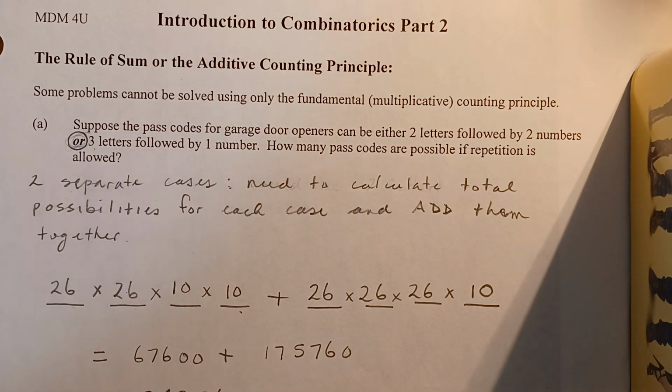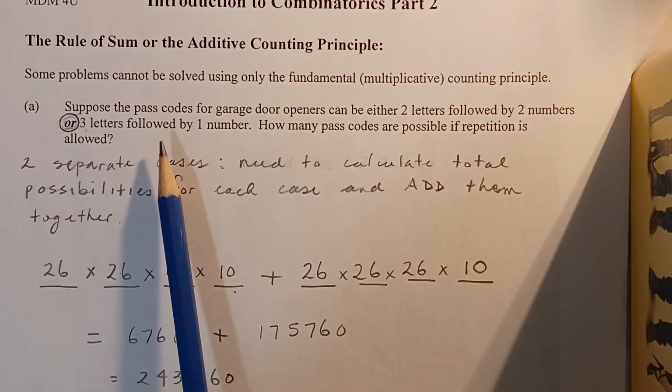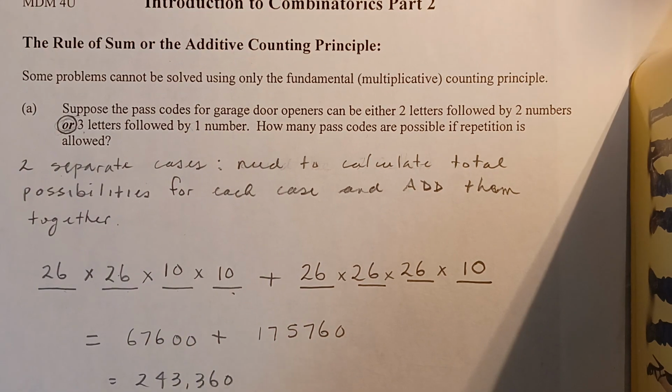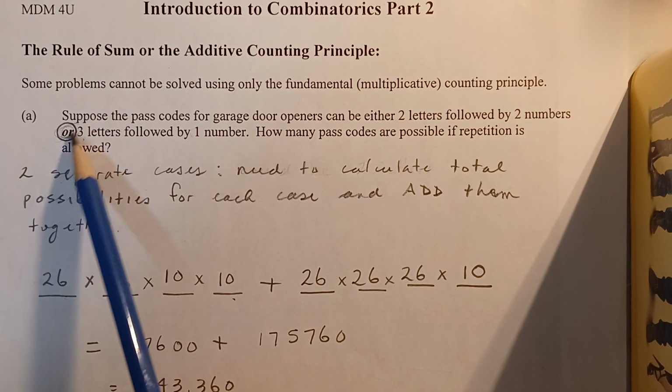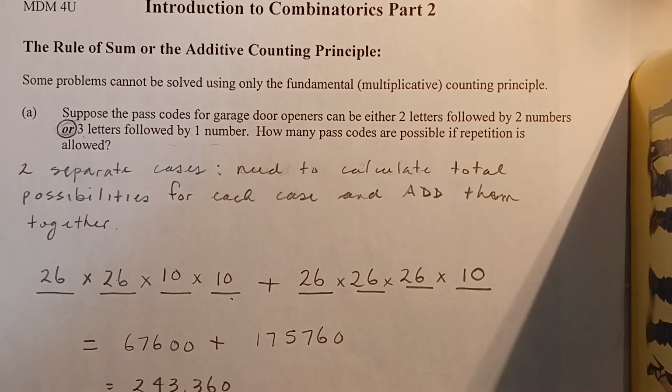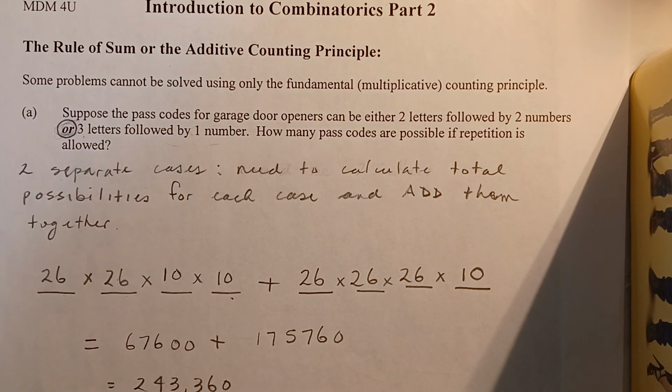Some problems cannot be solved using only the multiplicative counting principle. For example, suppose the passcodes for garage door openers can either be 2 letters followed by 2 numbers, or, so there's our keyword, 3 letters followed by 1 number. How many passcodes are possible if repetition is allowed? So we can have the same letters or the same digits over and over again.